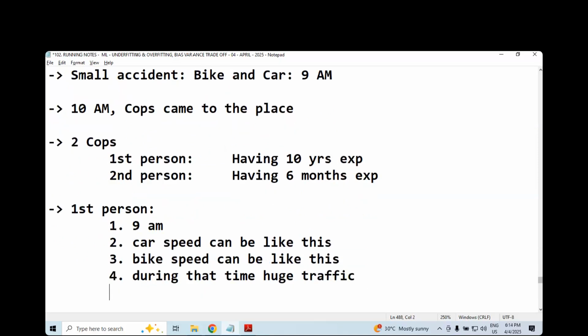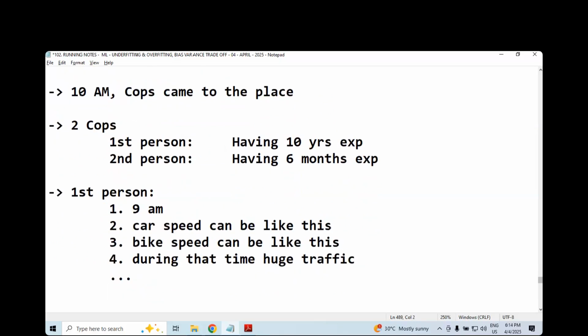Like this, on an average, he can bring 20 assumptions, more assumptions. Then he can study very well. Where there are more assumptions, there is less error. More assumptions, less error.